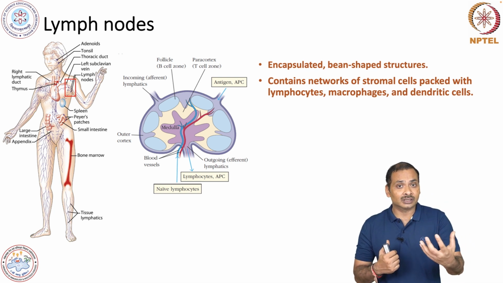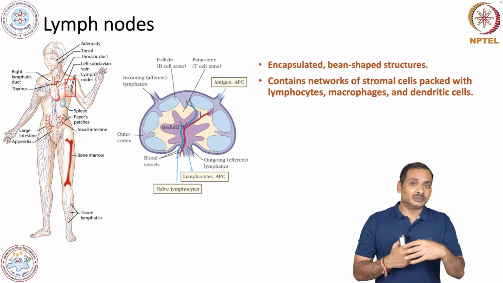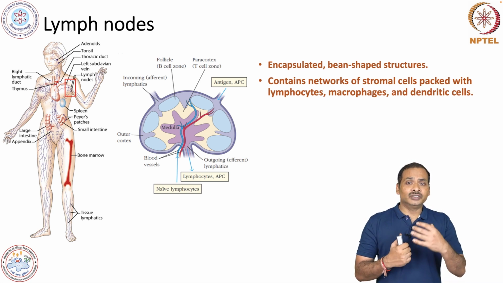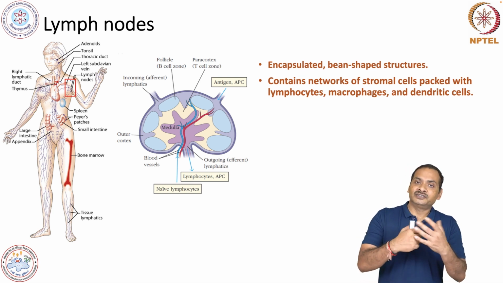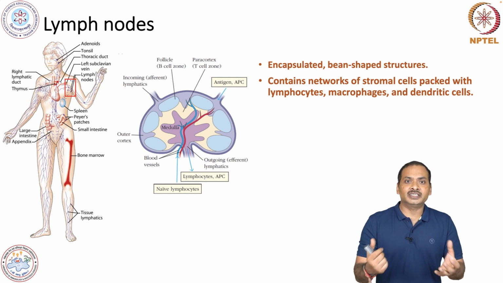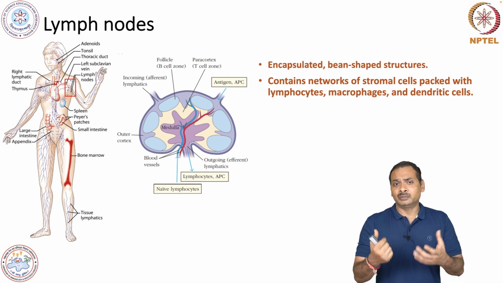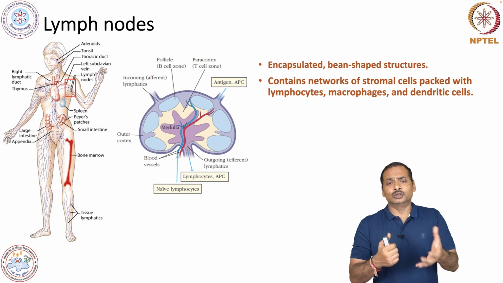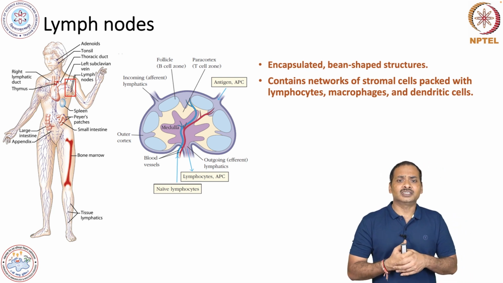If it is a B cell, it differentiates into a plasma cell and produces antibody. If it is a T cell, it has seen the antigen and proliferates in bigger numbers, inducing a T cell dependent immune response. It could be TH and TC. We'll discuss these different kinds of T cell responses later.